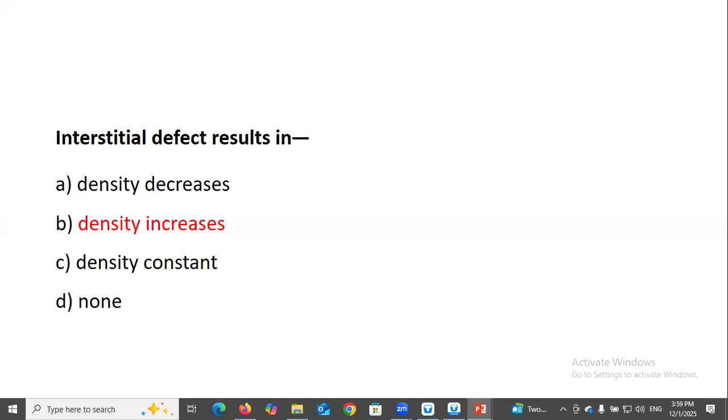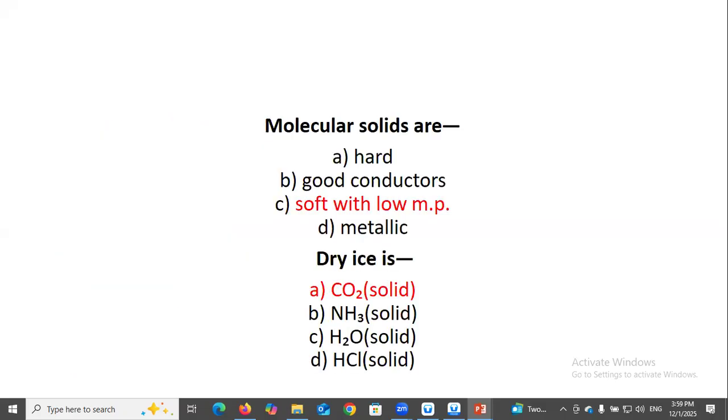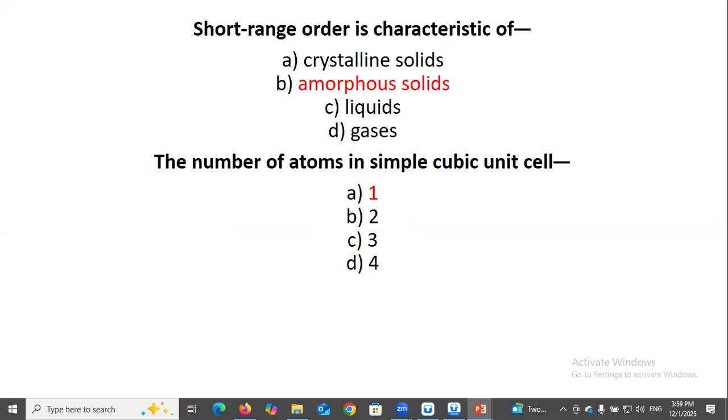Interstitial defect results in density increase. Diamond hardness is due to strong covalent bond network. Amorphous solids have melting range. Molecular solids are soft with low melting point. Dry ice is carbon dioxide in solid form. Short range order is characteristic of amorphous solids.